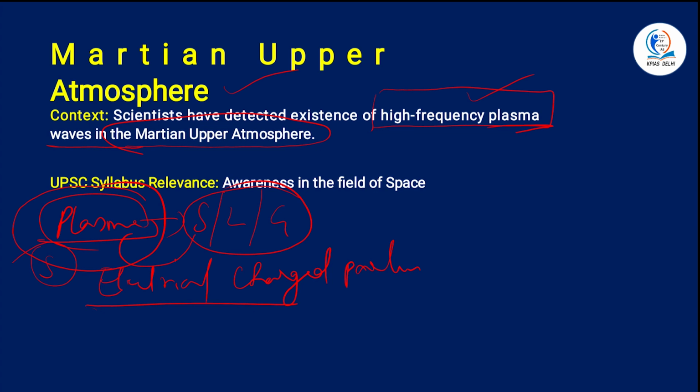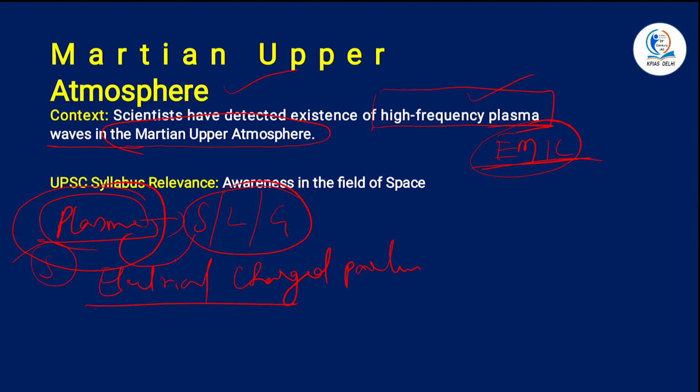So when you have understood what is plasma, you can visualize what has been witnessed or detected in the Mars atmosphere. Whenever you talk about this plasma, there is another concept associated with it called EMIC waves. EMIC stands for electromagnetic ion cyclotron waves.